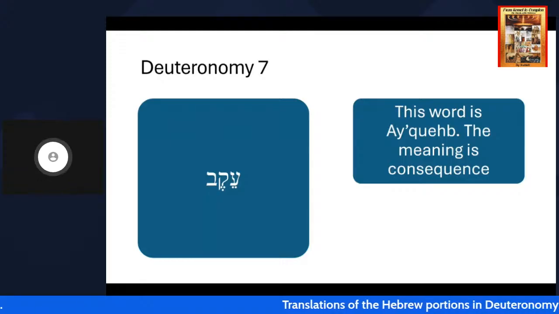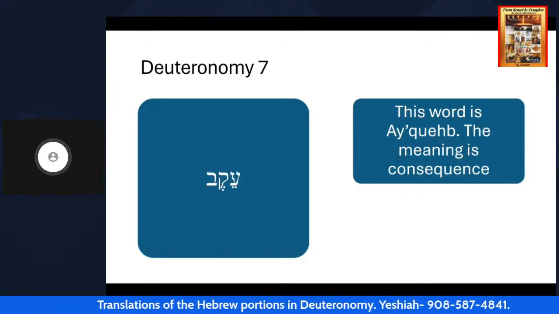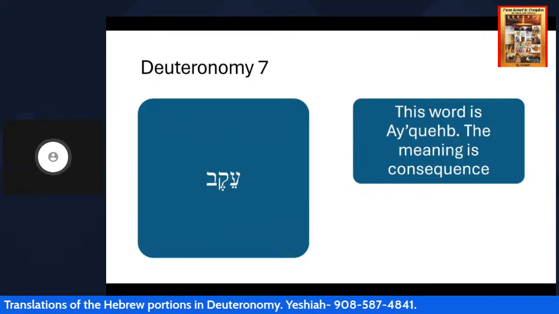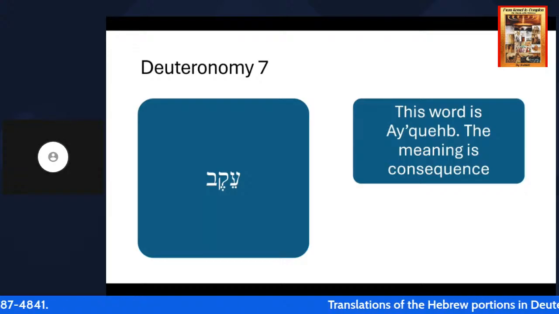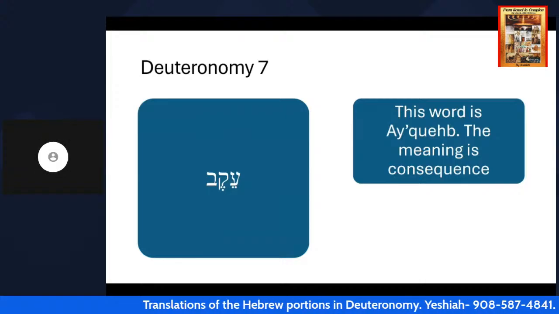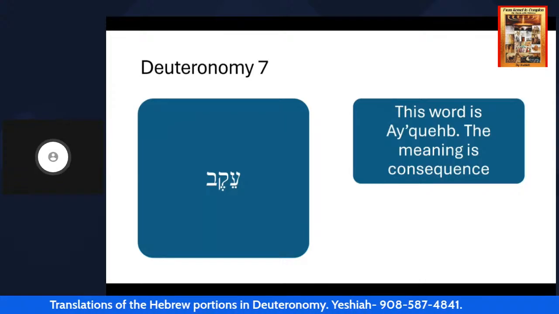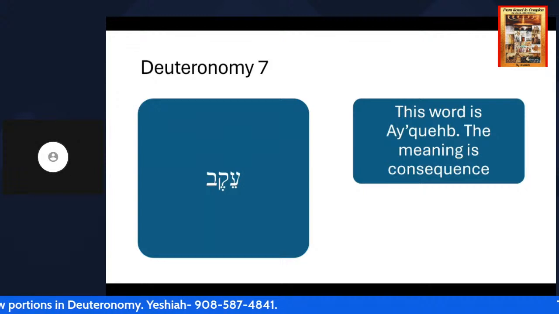Now, why do I say that? Many point out in Jeremiah 17, when it says the heart is deceitful above all things. But if we understand that eqeb can mean reward or consequence, can we translate it as, brothers and sisters, the heart is of the consequence of all things. Whatever you do comes back to your heart.